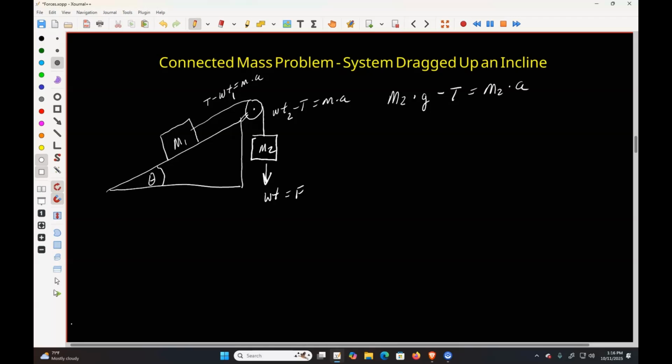For the one going upward, we'll say that's tension minus mass 1 times gravity times the sine of theta equals mass 1 times acceleration.